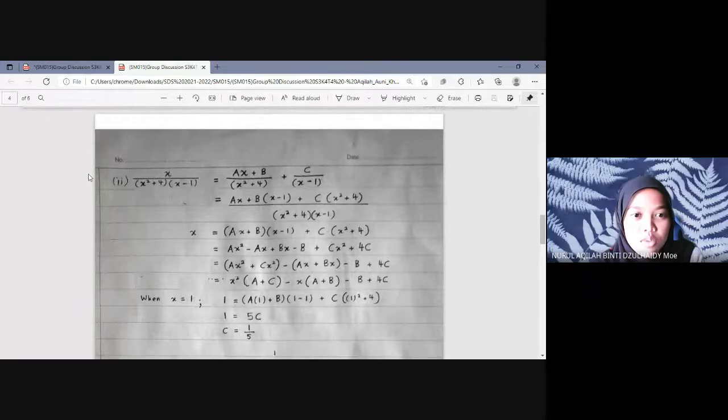Okay, for the second question, we are to express x over x squared plus 4 times x minus 1.